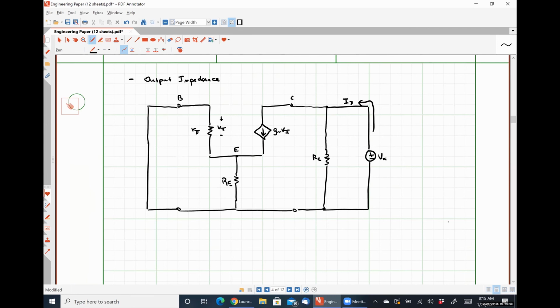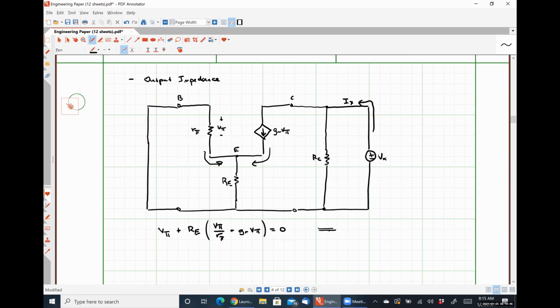we can see the voltage drop V pi plus the voltage drop over our emitter resistor RE. So let's see, the current flowing through that is going to be the sum of V pi over R pi, that's the current flowing this way, plus the current flowing in this way, GM V pi, is equal to 0.